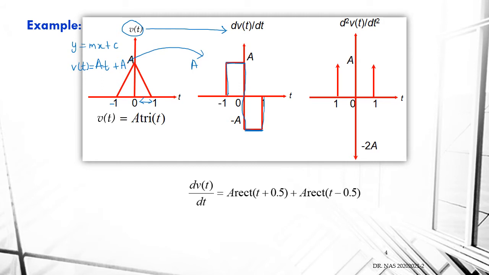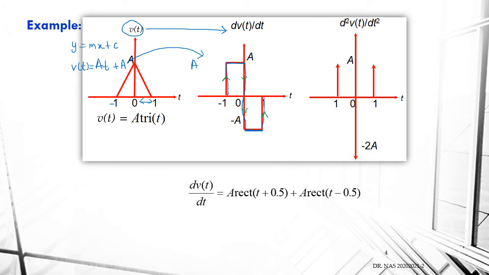For the second order differentiation, just look at the vertical lines. You have one positive, one negative, and one positive. At negative 1 it is positive A, at 0 it goes from A to negative A, which is negative 2A because it's pointing down, and at 1 it is positive A.